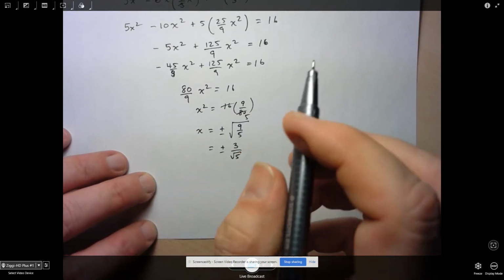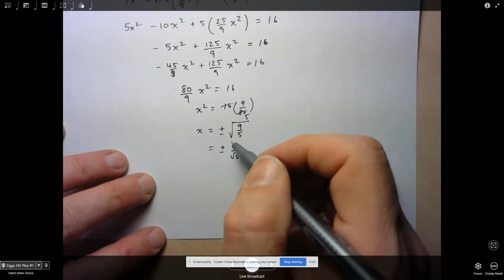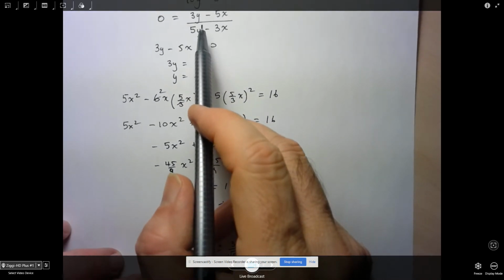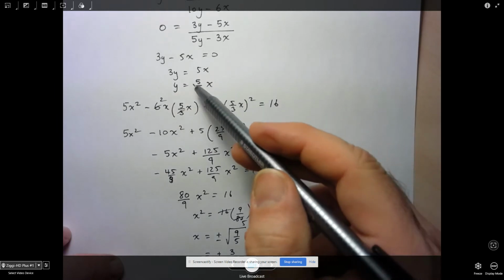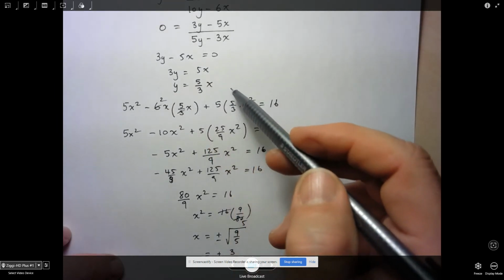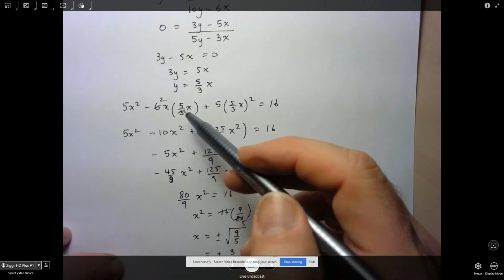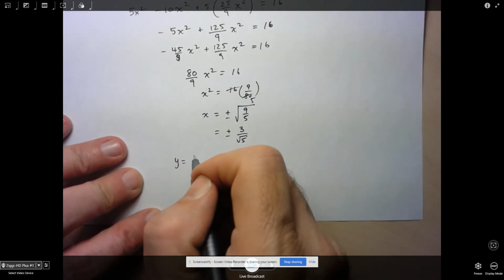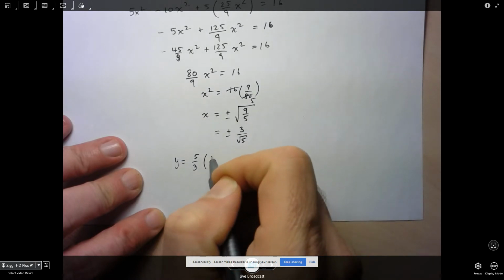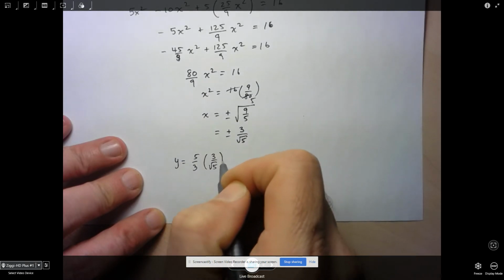All right, so these are the x values for which my derivative is going to be equal to 0. But since they're looking for the points, I need to now input that into my relationship between x and y to find the y value. So 5/3 x. One option is for y to be 5/3 times positive 3 over root 5.